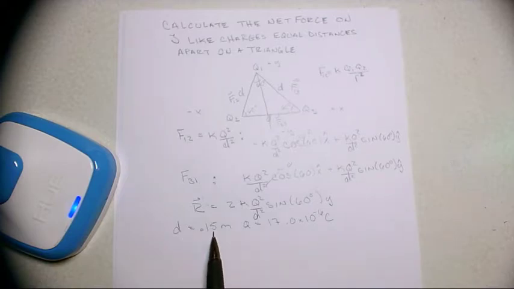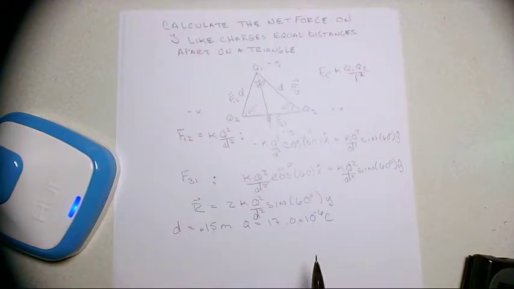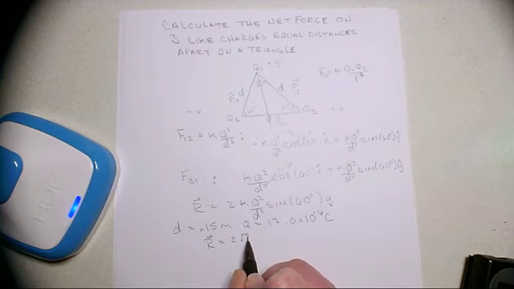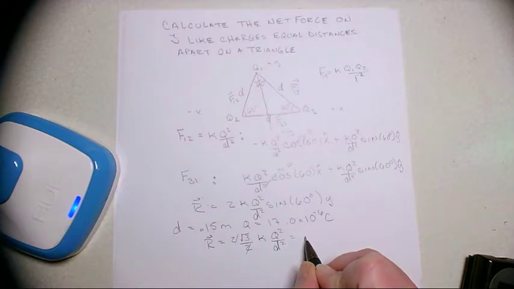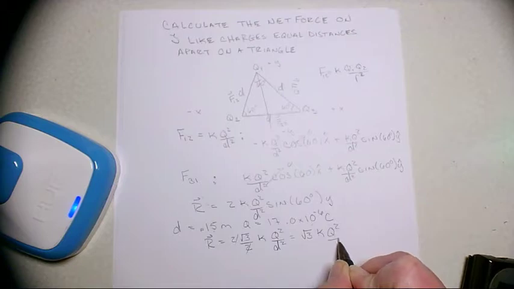So D is 0.15 meters and Q is 17 times 10 to the negative 6, so microcoulombs. And it just so happens that sine is square root of 3 over 2. So let me rewrite this before we start putting in numbers. So 2, I'm going to put the sine of 60, square root of 3 over 2 times k q squared over d squared. So notice that simplifies. So this equals the square root of 3 times k q squared over d squared.